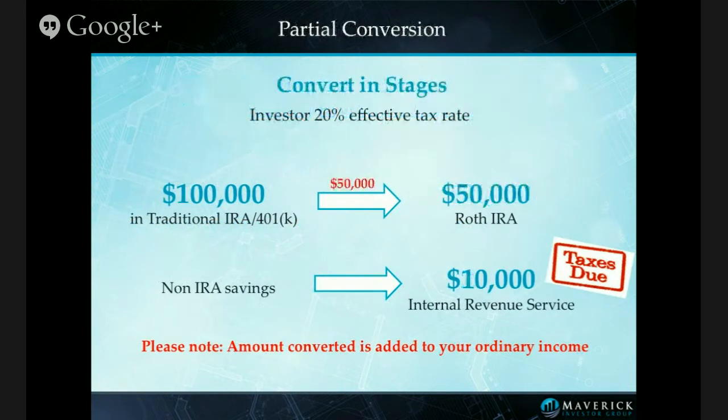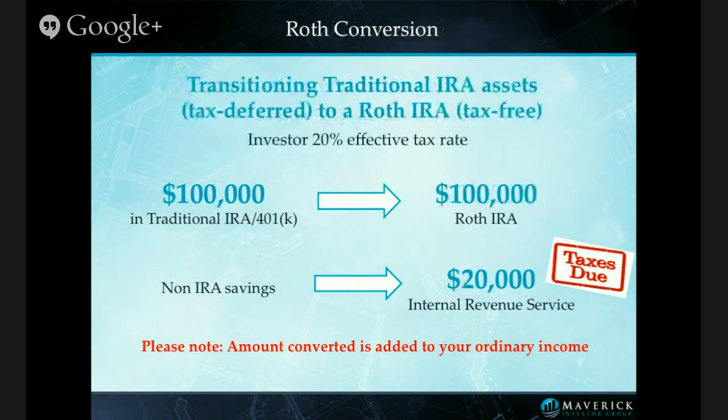So in this example here, as you'll see on the screen, $100,000 in your traditional IRA. If you wanted to convert all of that $100,000 into your Roth IRA, you will then have $100,000 added to your taxable income for that year, and at a 20% effective tax rate, you owe $20,000.